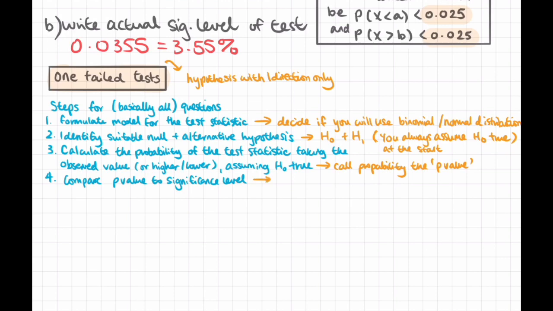So, for example, a 5% significance level, and you find that p equals 0.04, or maybe in another case 0.06, and because 0.04 is, okay, so basically what you would write is always like this.